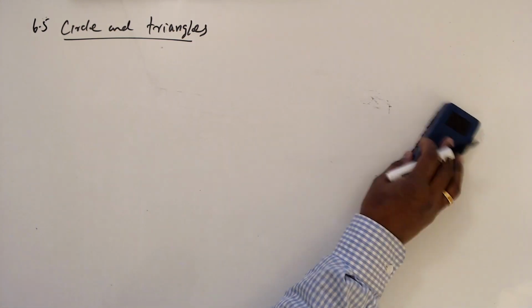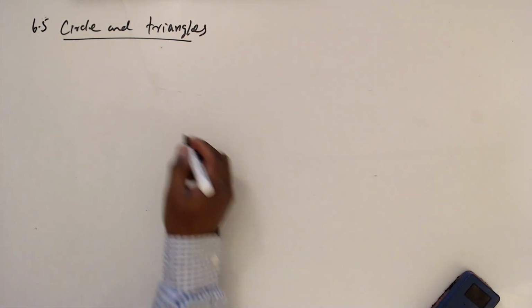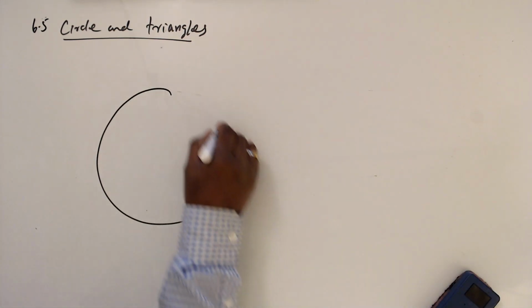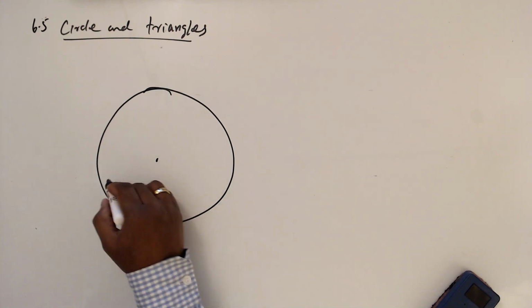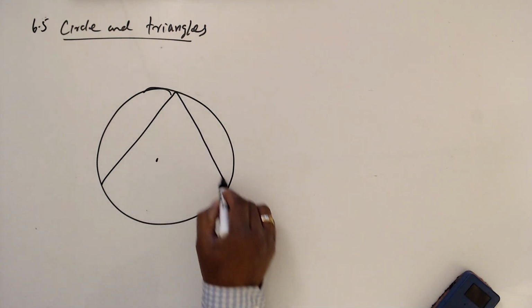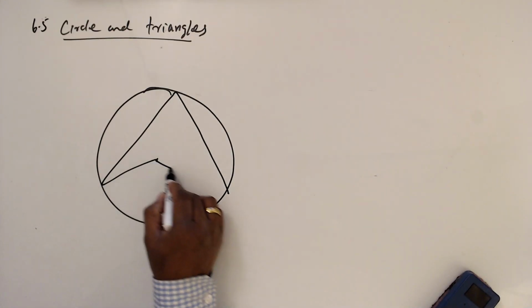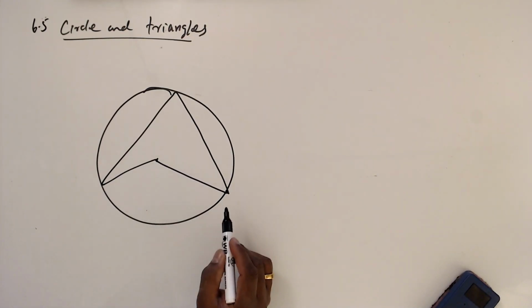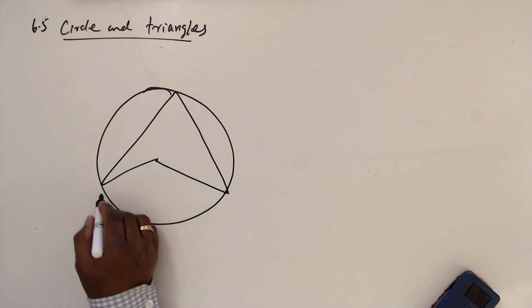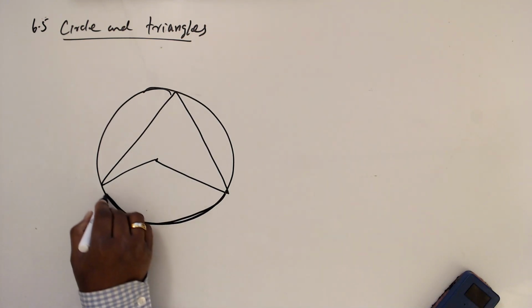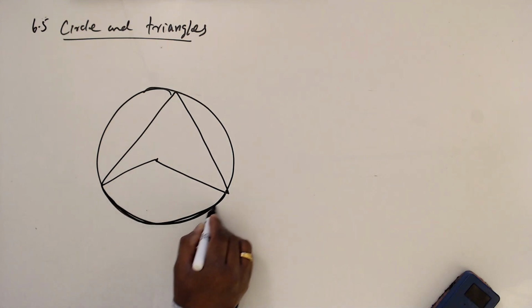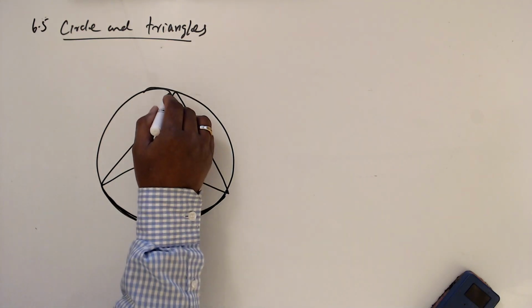If I revise this one bit, we have a circle theorem. In this theorem, it says that an angle is subtended by an arc. This is the arc. So those are the angles.